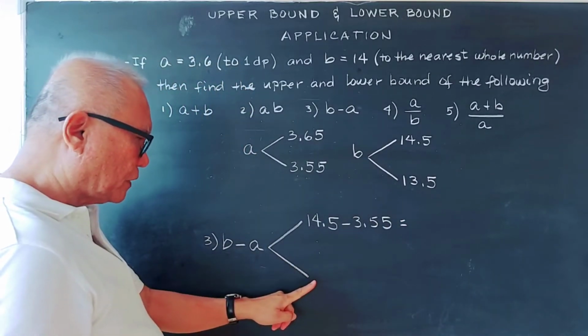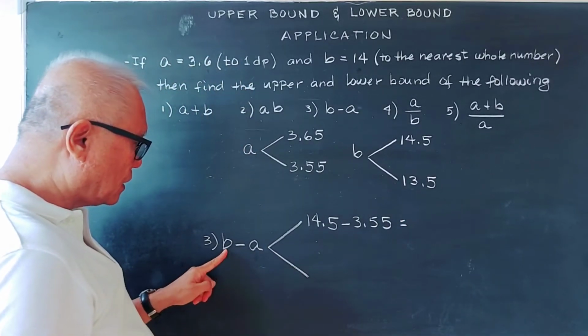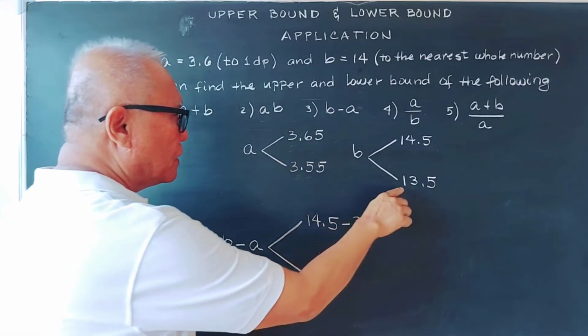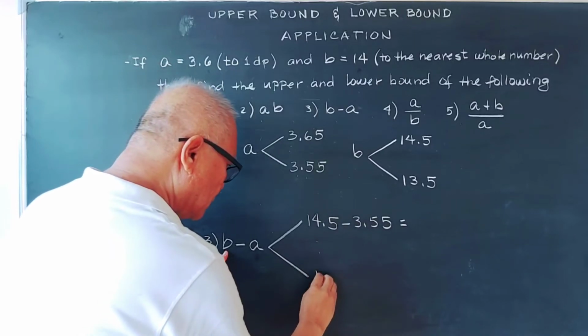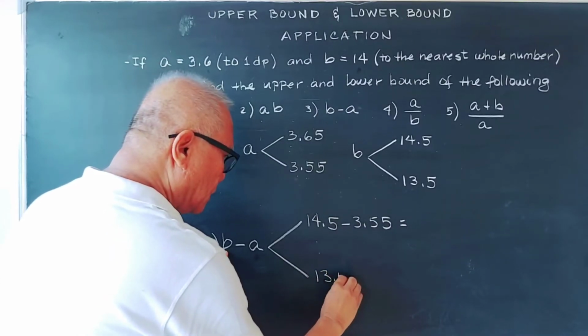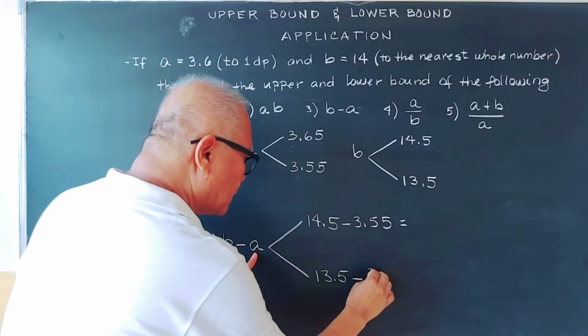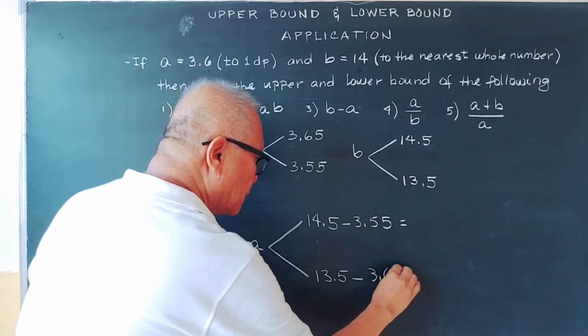For the lower, we need the lower B, 13.5, and we subtract the upper of A, which is 3.65.